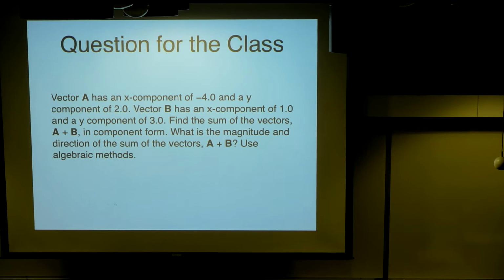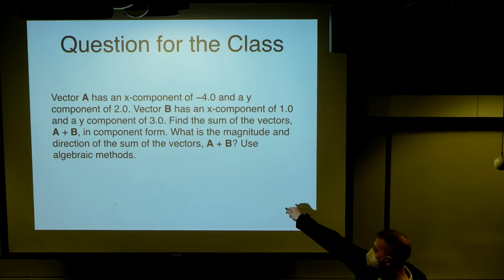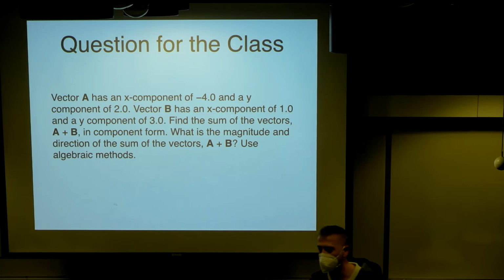So I want you to try this one out. We have vector A with an x component of -4 and a y component of 2. And then we have vector B, which has an x component of 1 and a y component of 3. First, find the sum of A and B just in component form.